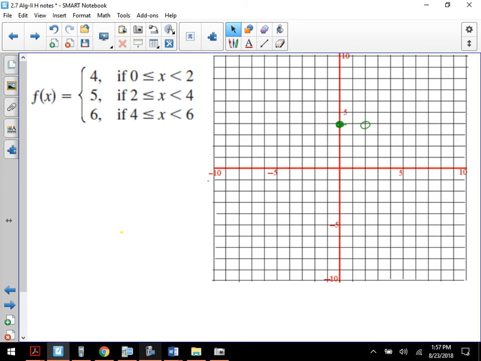Now what happens when it hits 2? What does the step function jump to? It goes to 5. It includes 2, it excludes 4. Between 2 and 4, it's equal to 5. And then between 4 and 6, it equals 6.